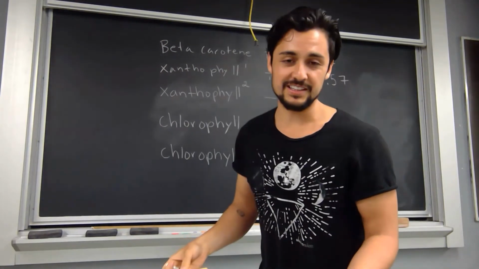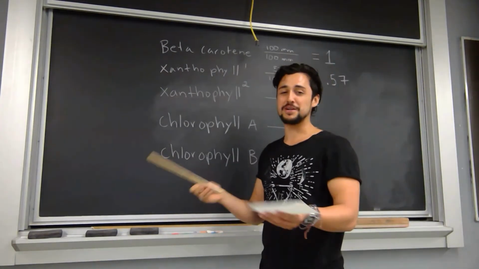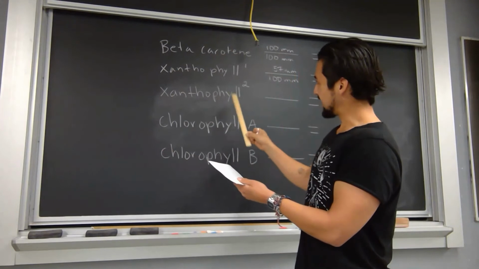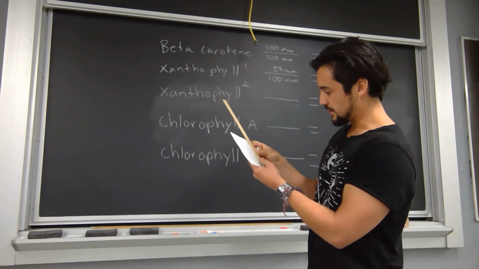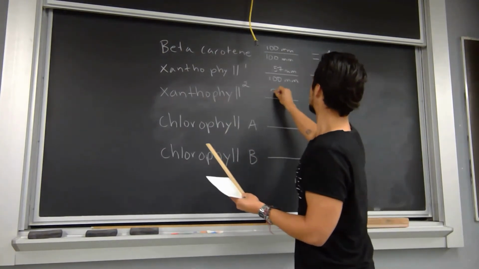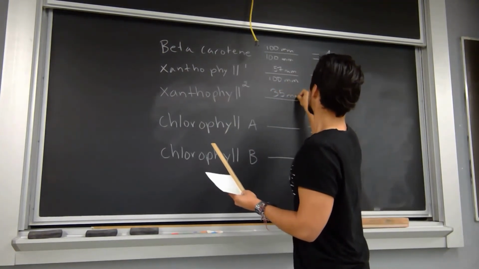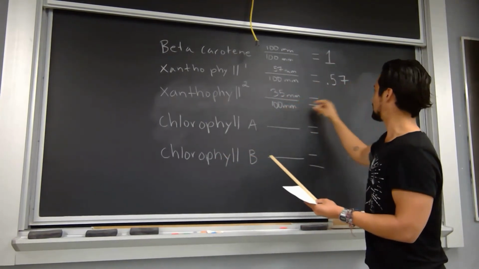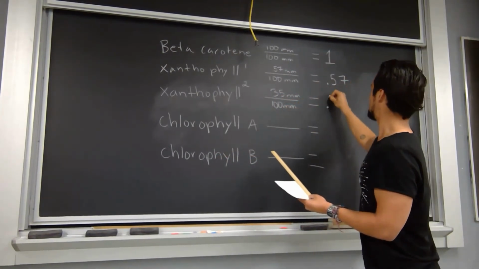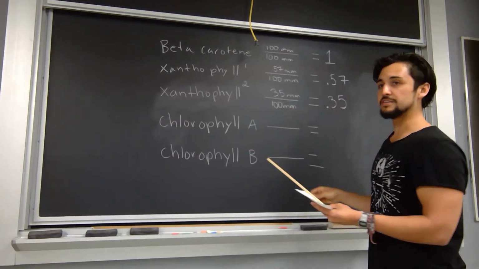It's really convenient that this solute ran up to 100 millimeters. The second xanthophyll line that we see is up at 35 millimeters over 100, which remember is the total distance the solute ran. And that gives us a value of 0.35.